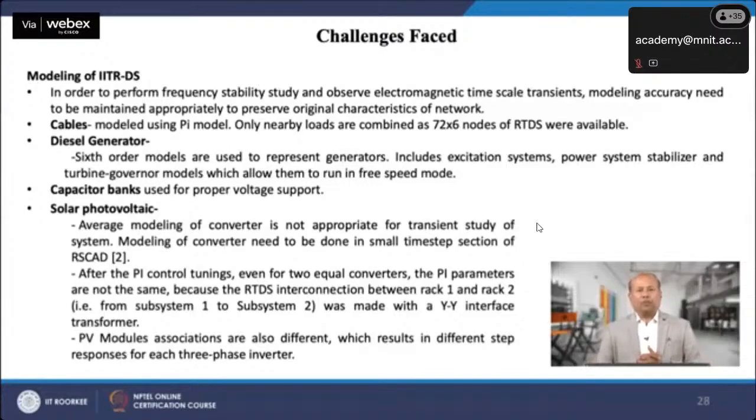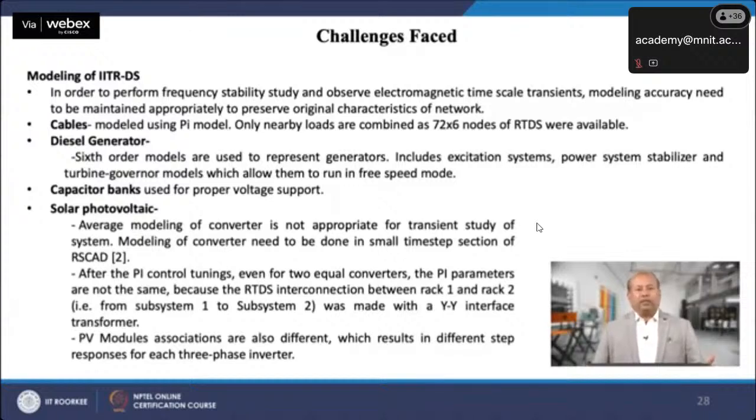This is observed due to interference of RTDS interconnection between rack 1 and 2, that is, interconnection between different subsystems through star-star interfacing transformers.